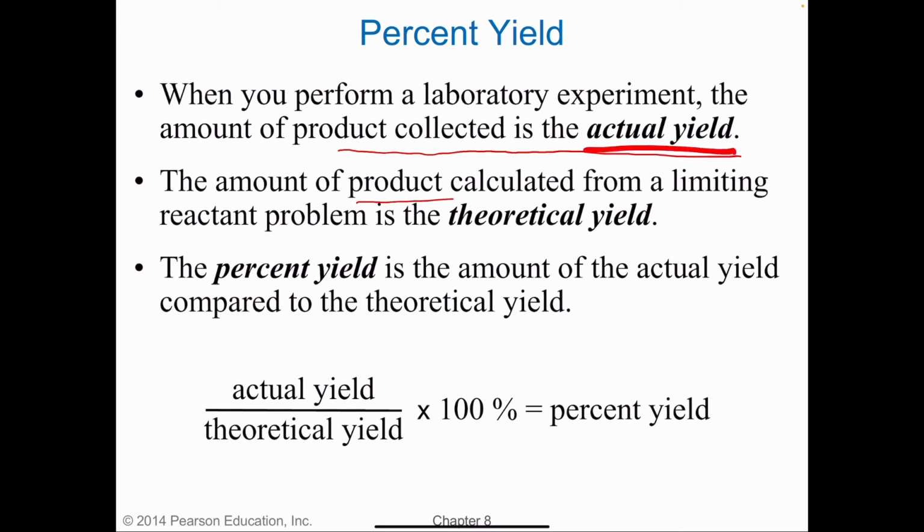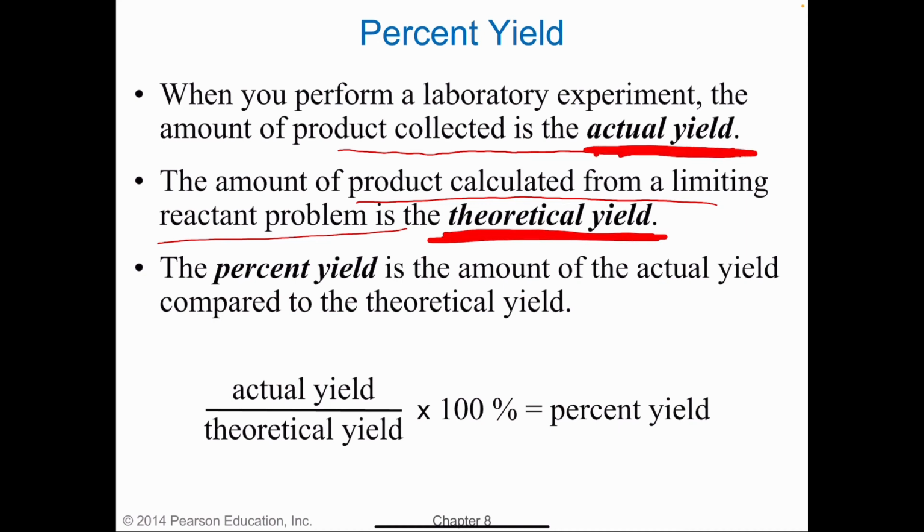And then the amount of product calculated from a limiting reactant problem is known as the theoretical yield. So how much could you have theoretically made if all of the reactants were converted into products with no mistakes, no loss of material, nothing spilled, 100% atom efficiency, whatever? That's your theoretical yield. It's what you could have theoretically done, and this is what actually happened.